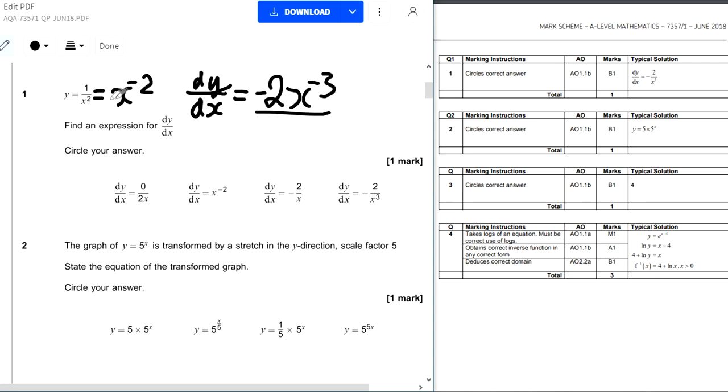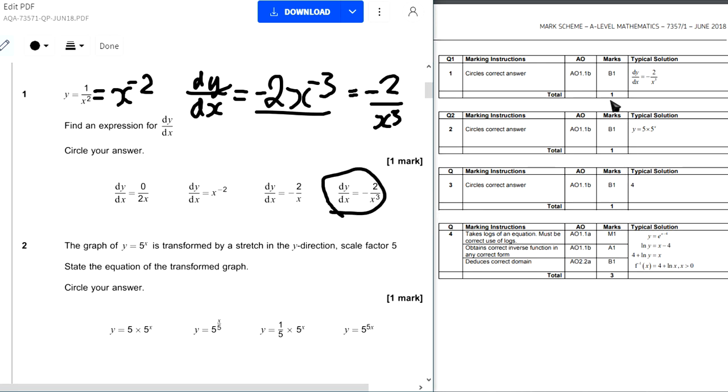The same way that we converted from a fraction to an indice, we can convert back from an indice to a fraction, so you get minus 2 over x cubed. Nothing complicated, but it's quicker than writing out u equals 1, v equals x squared, and then doing the product rule, the quotient rule even. I don't know why I said product.